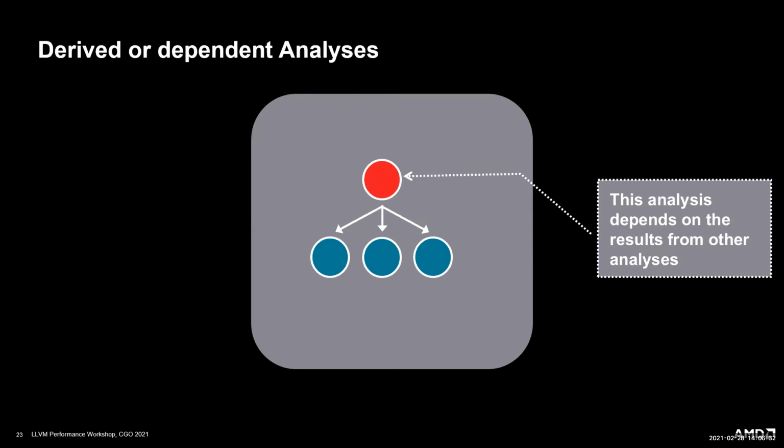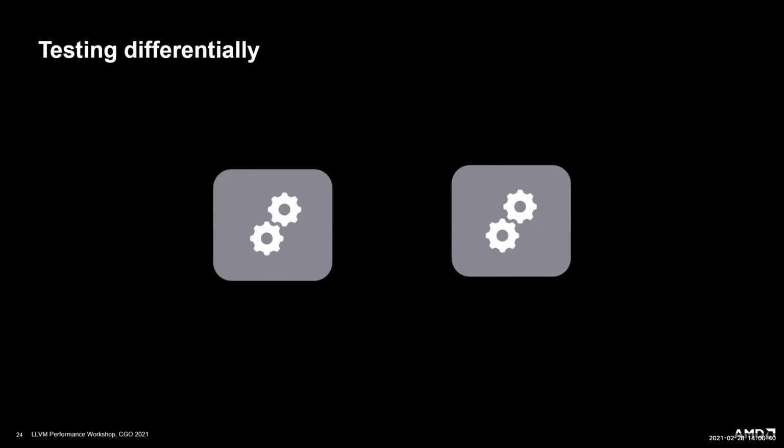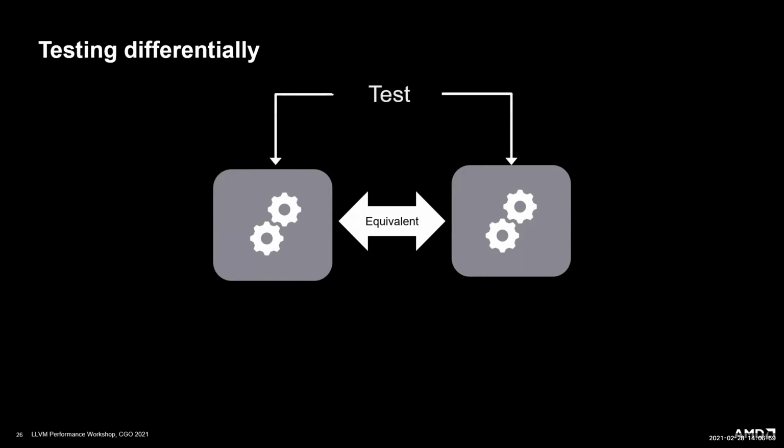So quickly, let us take a look at how we can test analyses differentially. This is simple, like we would test any other system. Let's consider we have two equivalent systems that we want to test differentially. Two equivalent systems can be two compilers, two C, C++ compilers, maybe LLVM and GCC, and then we provide a single test.